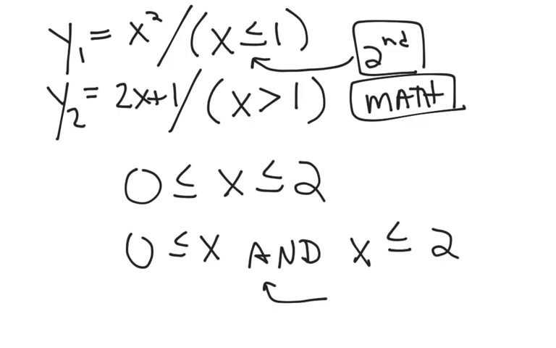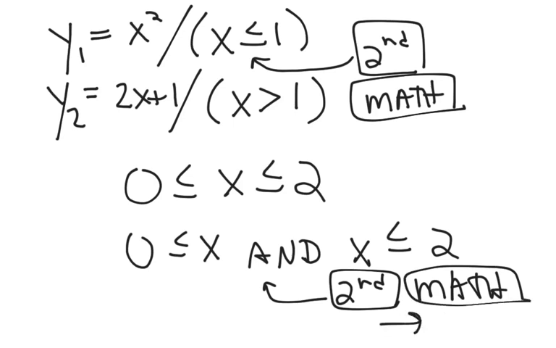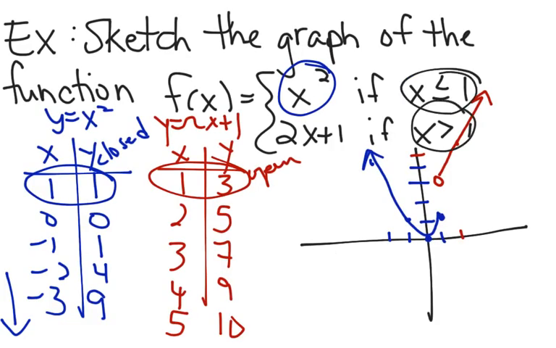The word and is also found under second math, but you arrow one to the right to logic, and you'll find the word and. Now, when you have a compound inequality and you graph it, that piecewise function is not going to be a ray. This one is going to be a segment, as opposed to these two, which are going to be like rays.